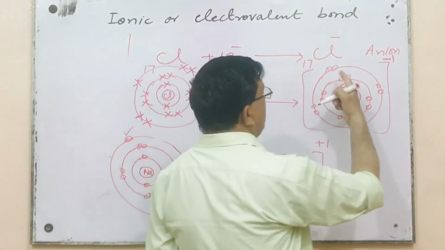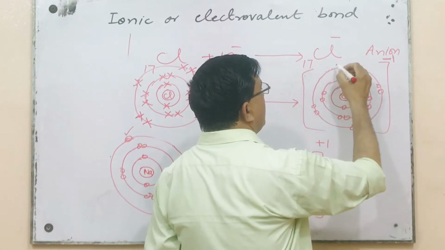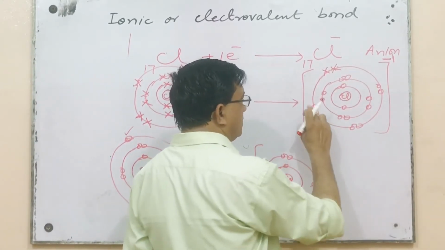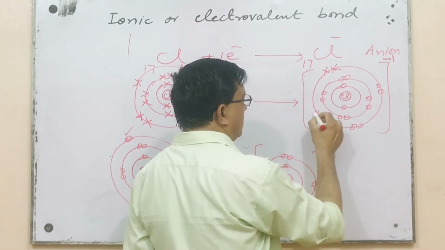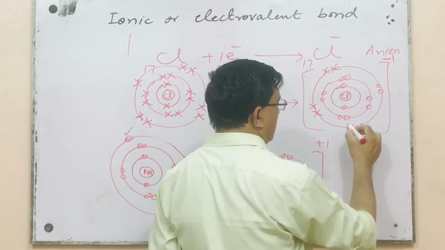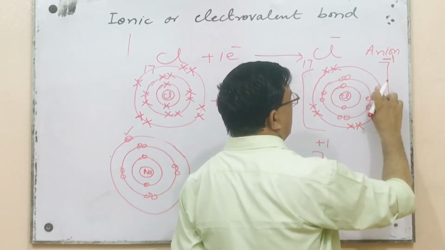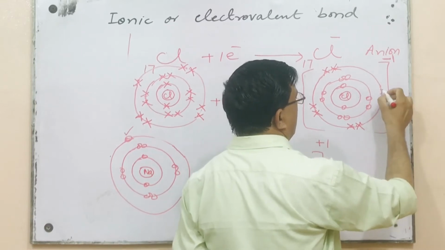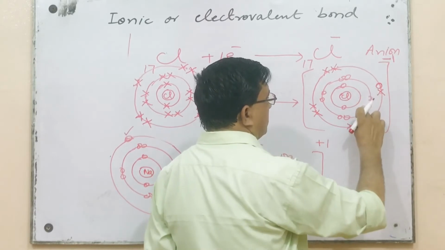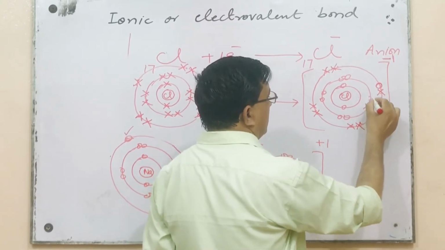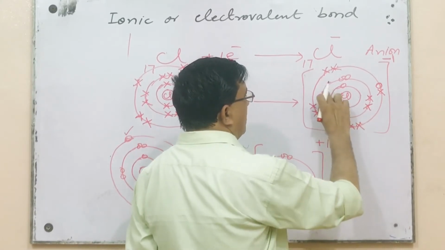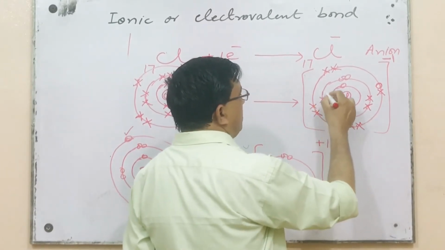Now again similarly, in case of ions, all the electrons can be represented as cross.